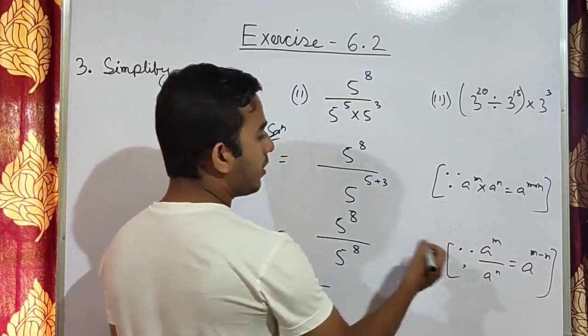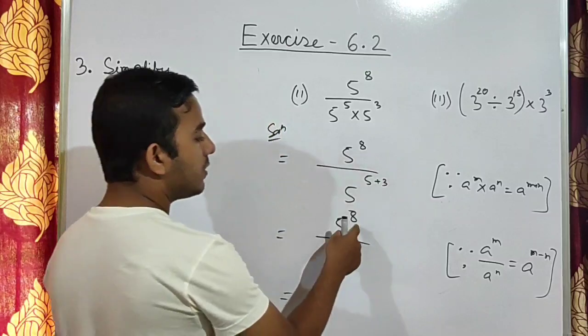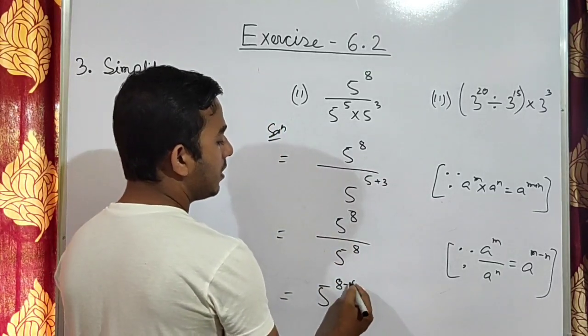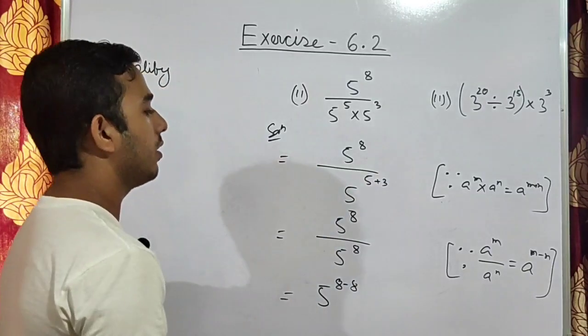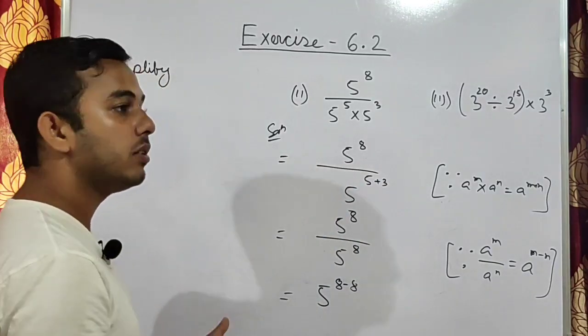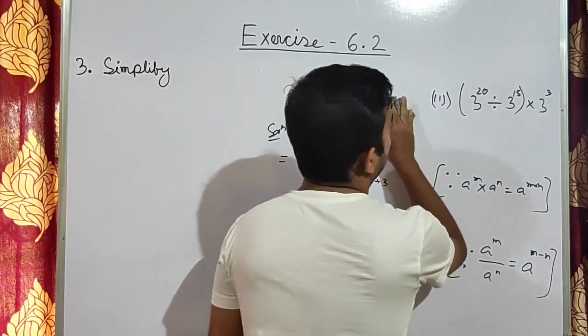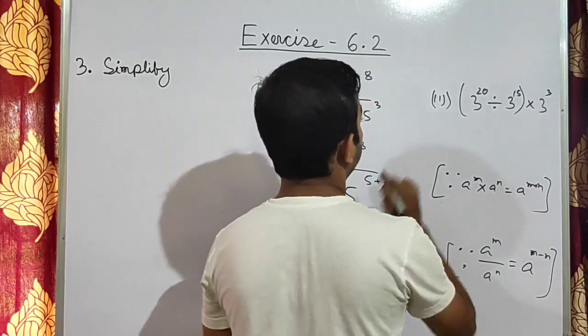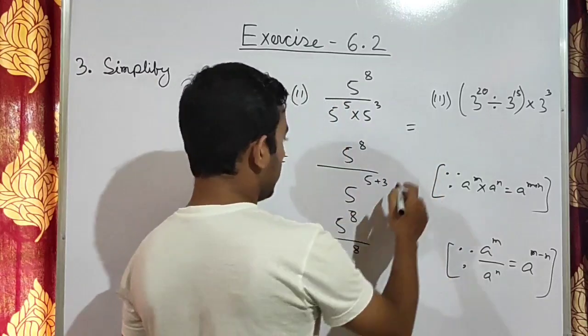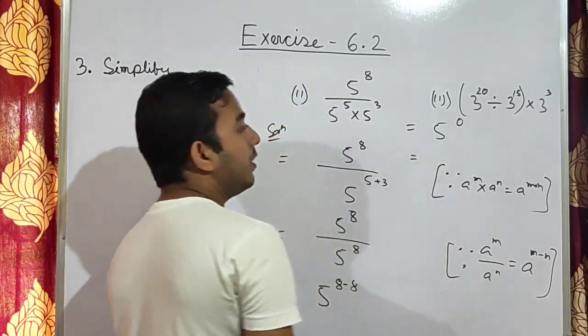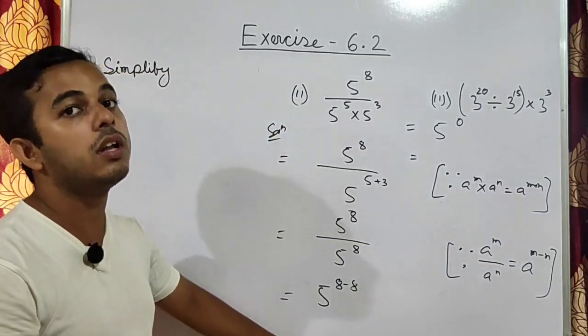Clear? Okay. Now power is what? m and n. In both cases it is same, 8 and 8. So we will write 8 minus 8. Clear? Okay. Now 8 minus 8 is how much? 0. 5 to the power 0. Now this means what?